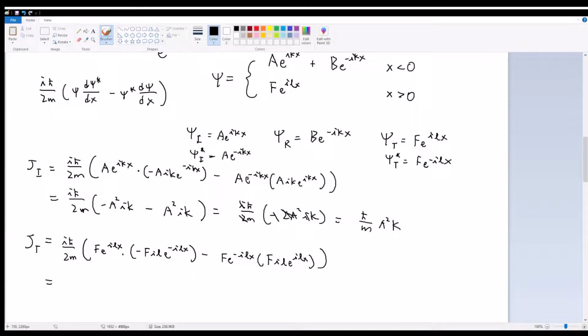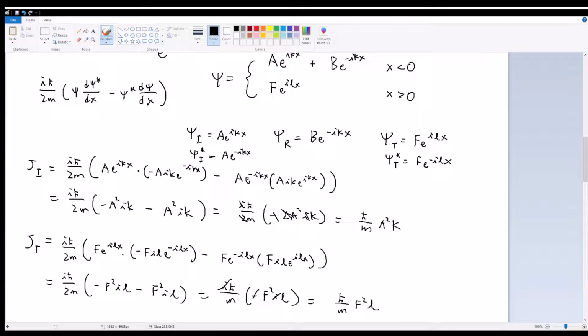Doing the same thing, this is going to give us i h bar over 2m times negative f squared i l minus f squared i l, or i h bar over m times negative f squared i l. The i's cancel out like this. This is going to give us h bar over m f squared l.